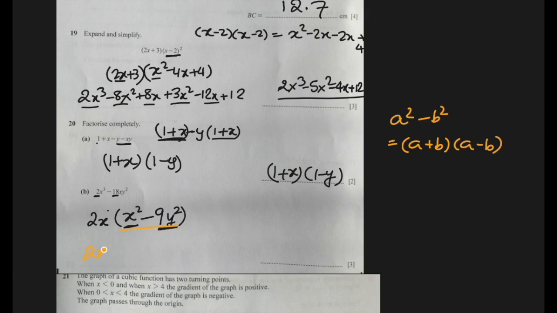So the square root of x square is x. Then we write plus, square root of 9 is 3, square root of y square is y, and x minus 3y. This becomes our answer. 2x, x plus 3y, x minus 3y.